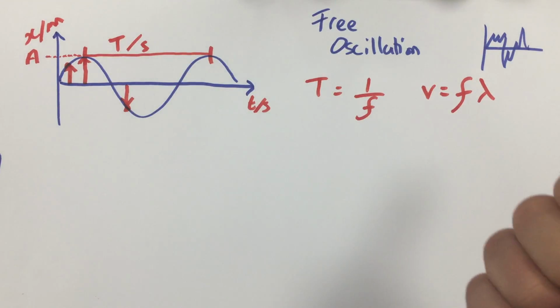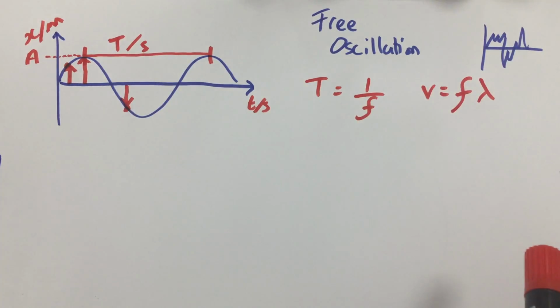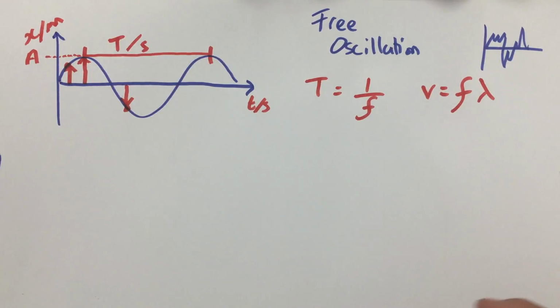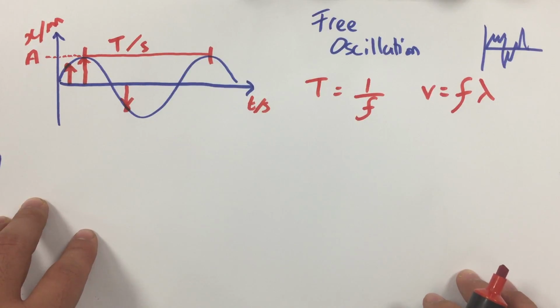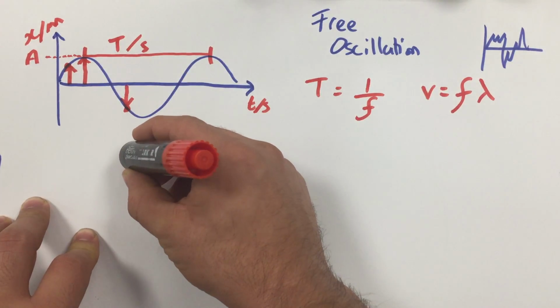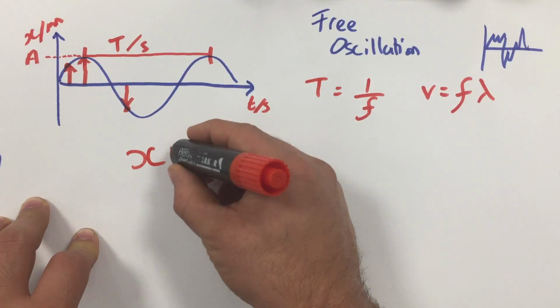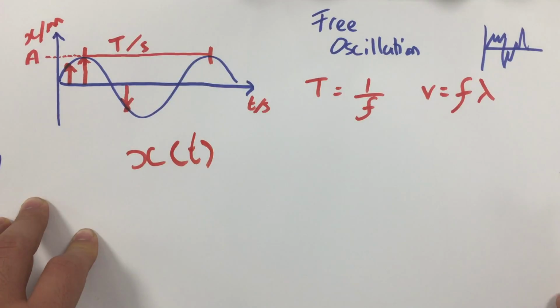So obviously we also need to know the definition of frequency, which is the number of waves per second, and we need to remember this equation. Now when we are talking about any object that's undergoing simple harmonic motion, we use an equation that looks like this. So the displacement is a function of time.